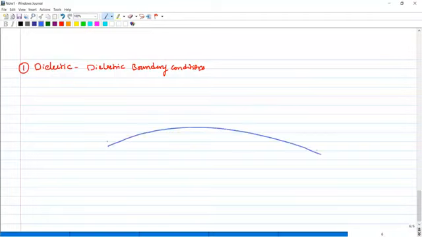I have called this a boundary because here we have one dielectric medium whose constant is given as epsilon 1, and here you have one more dielectric medium whose epsilon is given as epsilon 2. So what makes the separation between dielectric medium epsilon 1 and epsilon 2? This is nothing but the boundary.